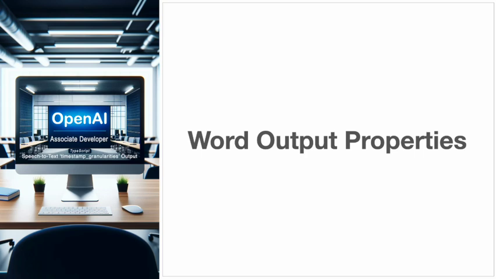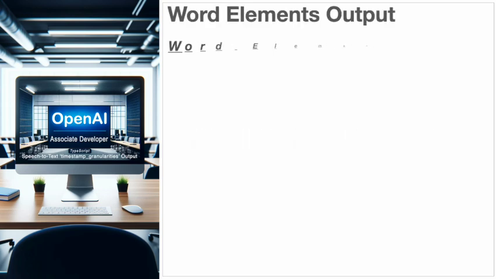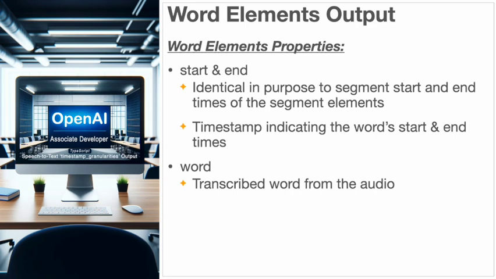Looking at the word output, first notice the properties preceding the word array are the same as those which precede the segment output. However, looking at the output properties of the specific word element of OpenAI's transcription timestamp granularities, you'll see each word element contains a somewhat simplified JSON object. Here you have the start and end properties.